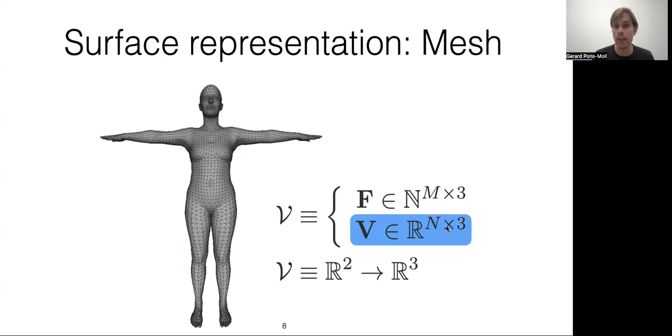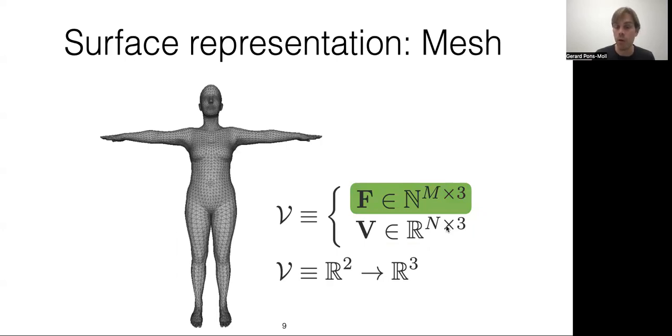And then you have the faces or triangles that determine how the vertices connect. In every row of the face matrix, you have the indices of the vertices for a particular triangle. So this is basically a piecewise linear approximation of the surface. And the surface is, for every triangle, a mapping from R2 to R3. So we have a surface that is embedded in R3.